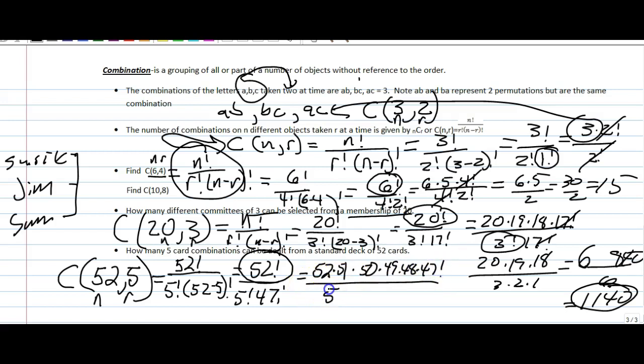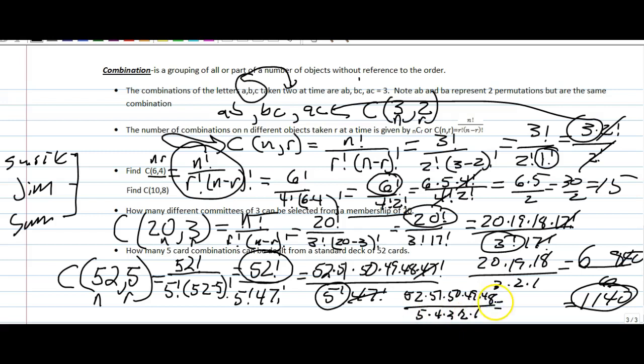So now I can cancel the 47 factorials, and that still leaves me with 52 times 51 times 50 times 49 times 48, and what I need to do is expand 5 factorial. So that's 52 times 51 times 50 times 49 times 48 over 5 factorial, which is 5 times 4 times 3 times 2 times 1.